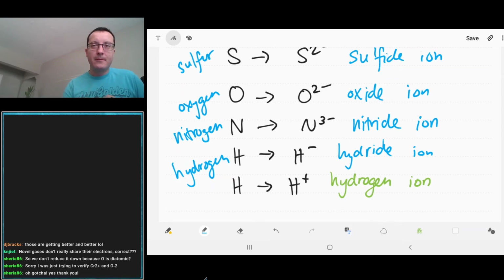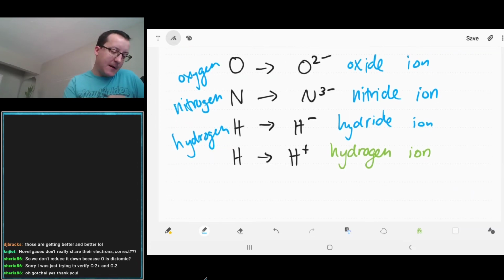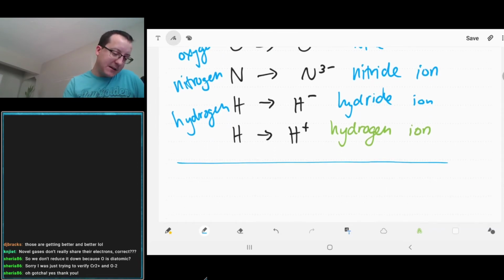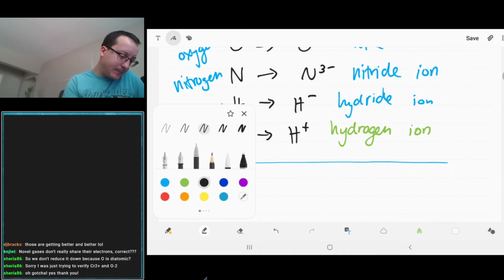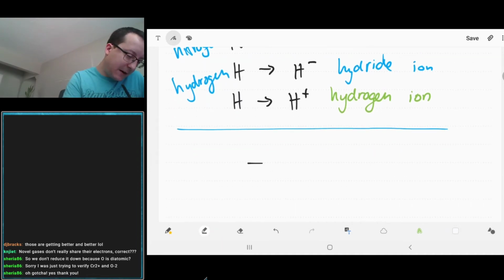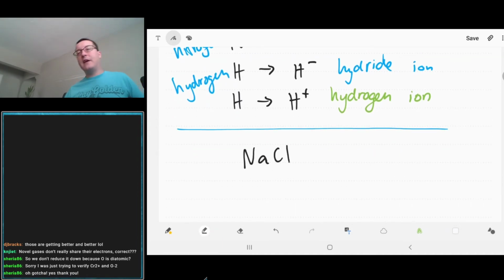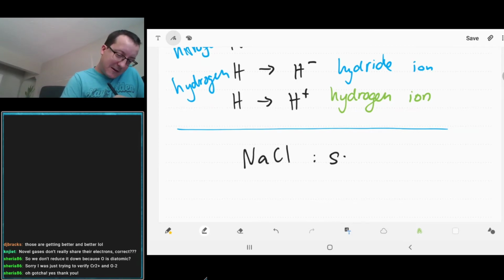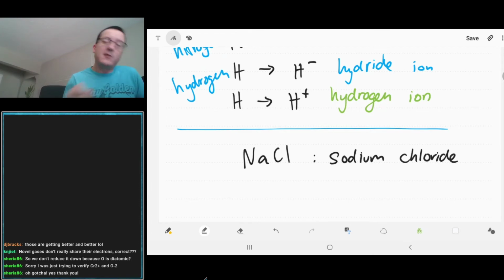Okay. Let's actually put this stuff together. Here is our favorite ionic compound, one that we all know. We are very familiar with this guy. We know that the name of this is sodium chloride.